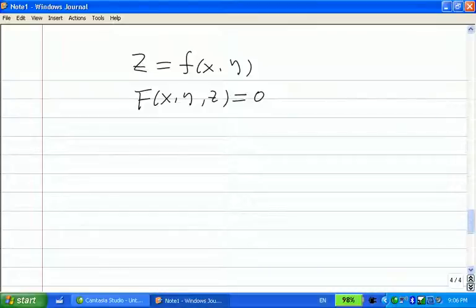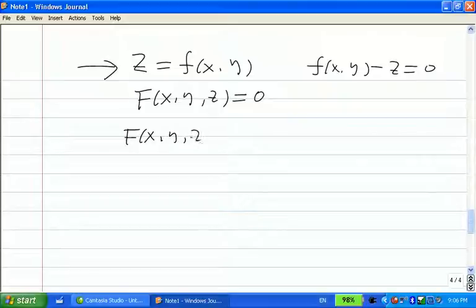In fact, if I give you a function in this form, you can write it like this: f(x,y) minus z equal to 0. So in this case, my F(x,y,z) equals this special form.